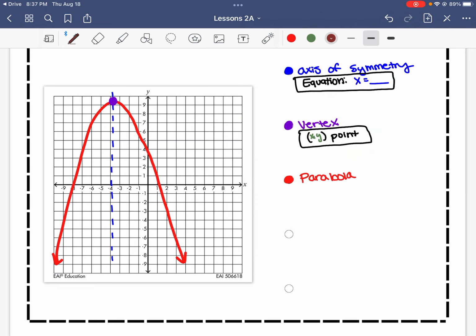So if we look closely, right here on our y-axis, our parabola is touching it at 1 point, which would be right here. So this is our y-intercept. And again, it's only touching at 1 point. So my y-intercept would be a pair of points.